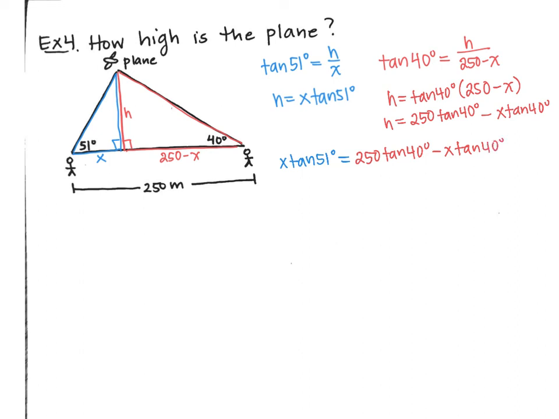Now, if I had a calculator, I would probably calculate all of this. But I don't have a calculator a lot of the time, so I'm going to try to solve for x. To start with, I'm going to get all the x's on the same side. I already have x tangent 51 degrees here. I'm going to add the x tangent 40 degrees from the other side to this side. Then I still have 250 times the tangent of 40 degrees.